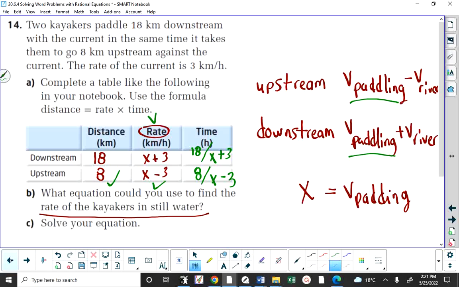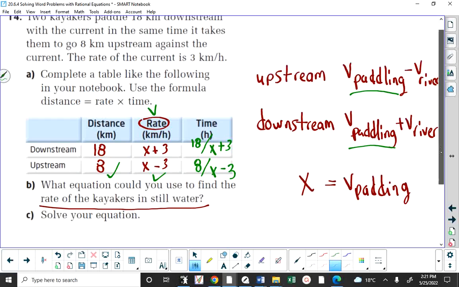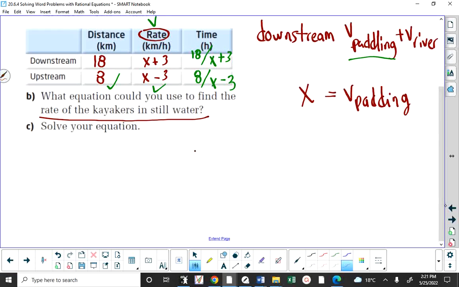Like with the buffalo or whatever it was, the cows, we had to add 4 days somewhere. They're the same. This is a case of them just being equal. We don't have to correct it at all. We're just going to say 18 over x plus 3 is equal to 8 over x minus 3.